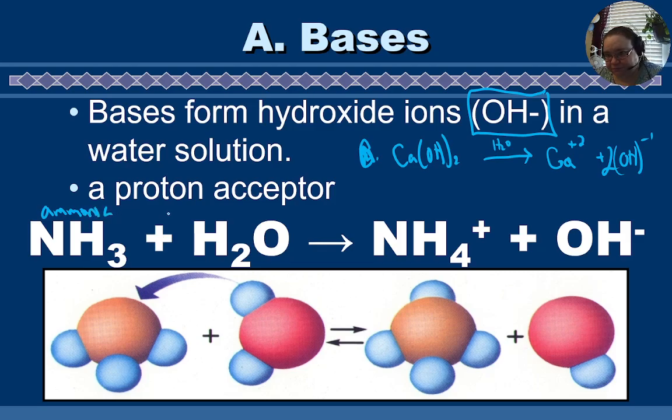Ammonia can steal a hydrogen from water and form ammonium, NH4+. And it produces, again, that OH in the solution. It produces that hydroxide. So that is a non-hydroxide compound that actually is considered a base.